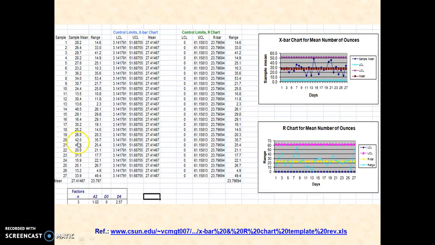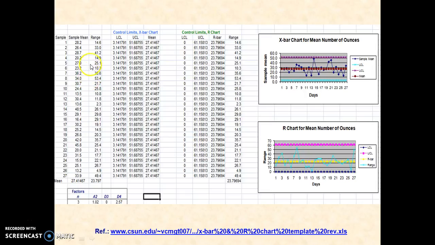Now again we want to take the average of it, so the mean of means, simply put, the average of averages. We add all these values and divide by 27, and we get this value here.